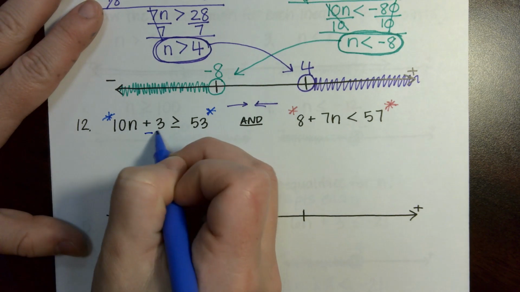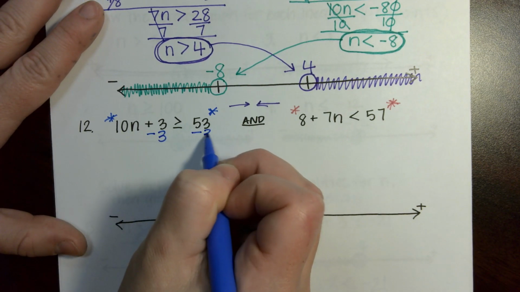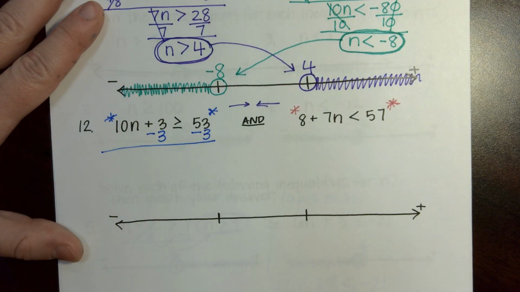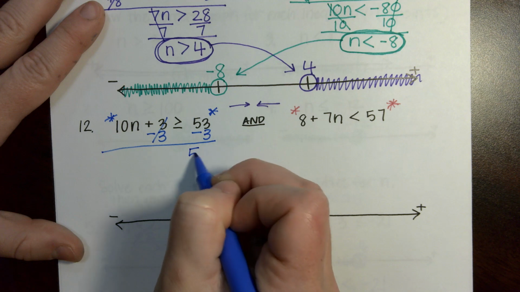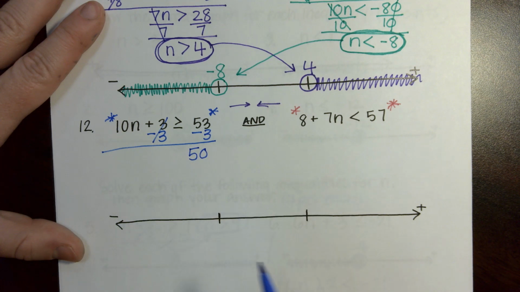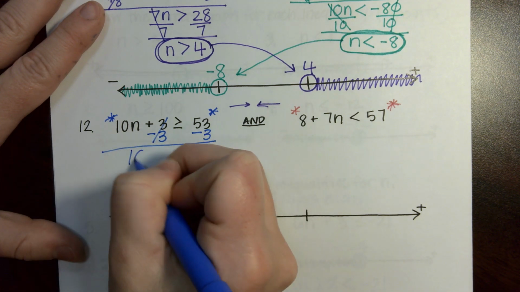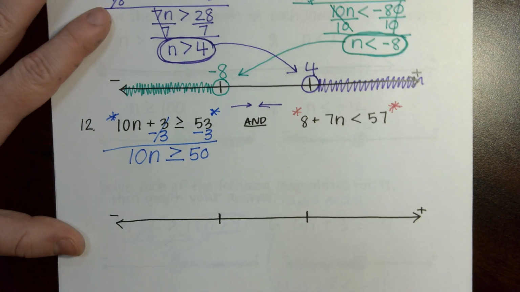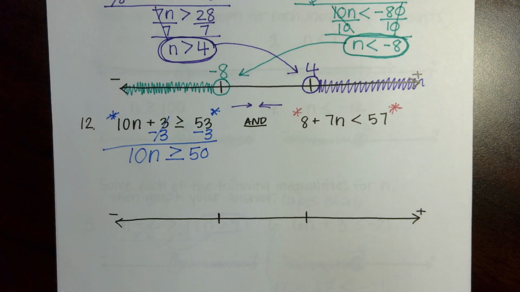So we'll subtract 3 from both sides. All right. My 3's cancel. And 53 minus 3 is 50. Bring everything down. 10 times n is greater than or equal to 50.